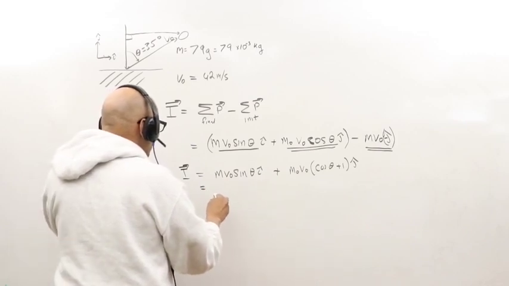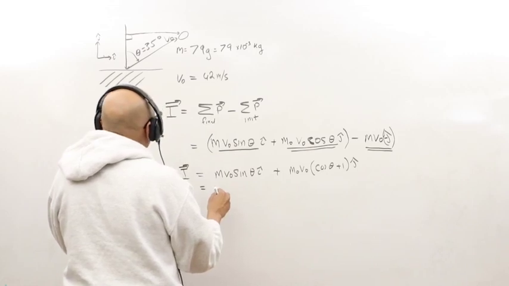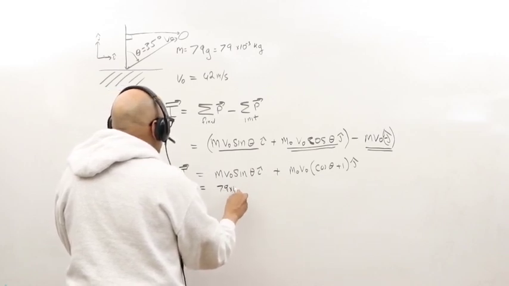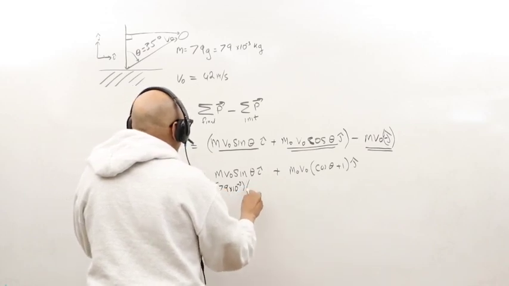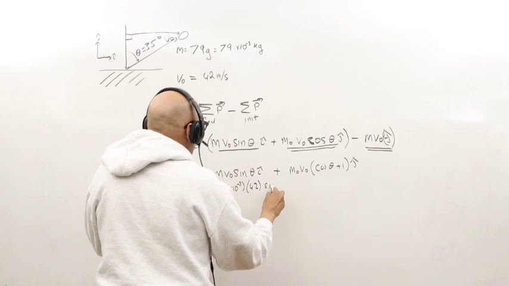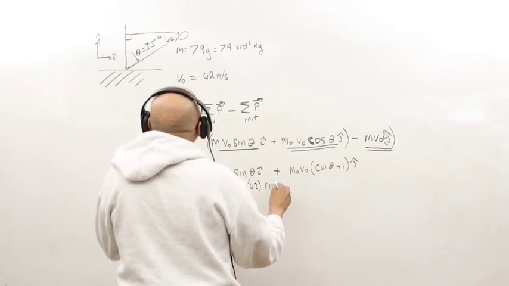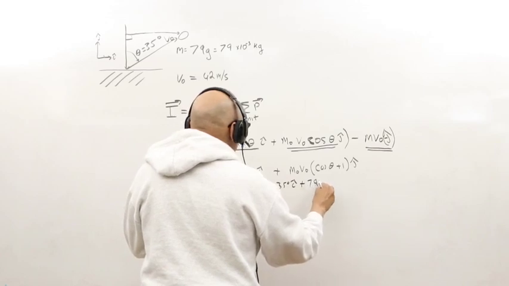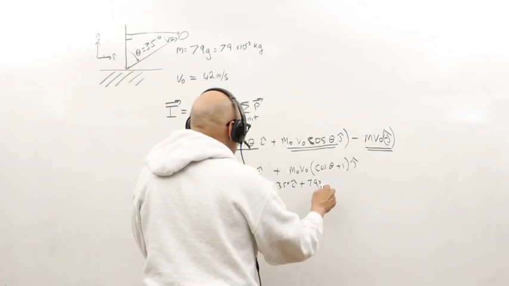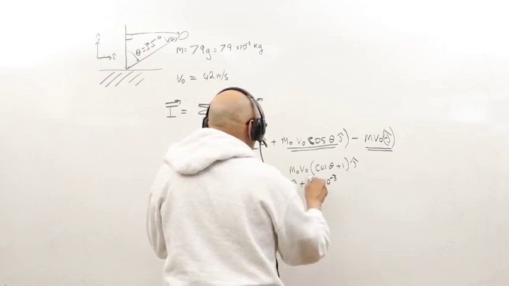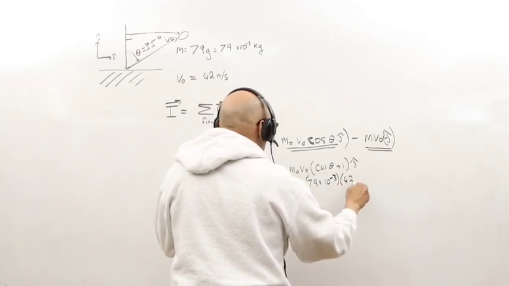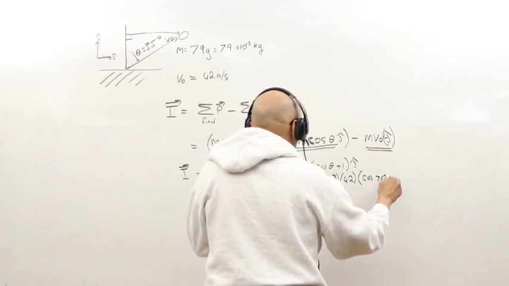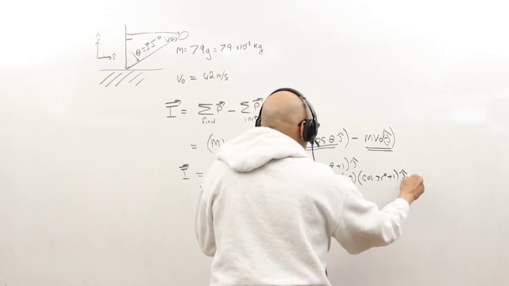So our calculation for our impulse, I'll put numbers in here, the last step, which is 79 times 10 to the minus 3 times a velocity of 42 meters per second times sine of 35 degrees i hat, plus the j component: cosine of 35 degrees plus 1 j hat.